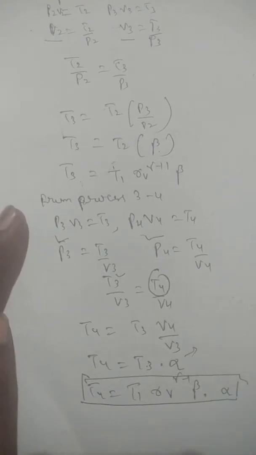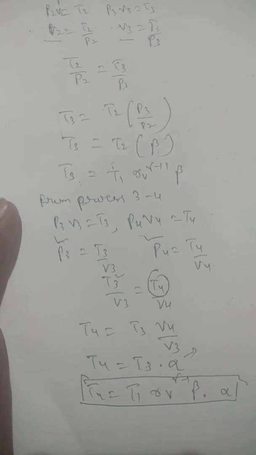Now one more thing we need to find, that is T5. Considering the process 4 to 5, T5 equals T4 into (V4 by V5) to the power gamma minus 1, where T4 we have found, and now we need to know what V4 by V5 is.